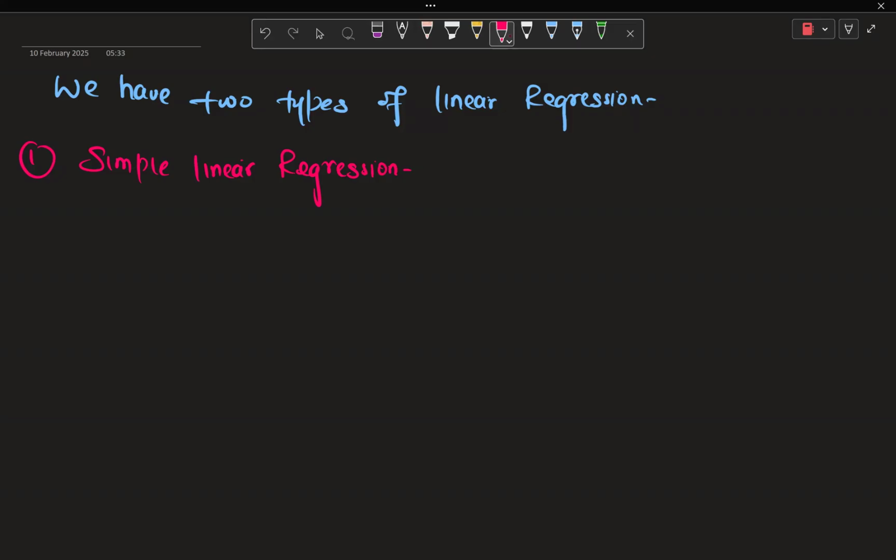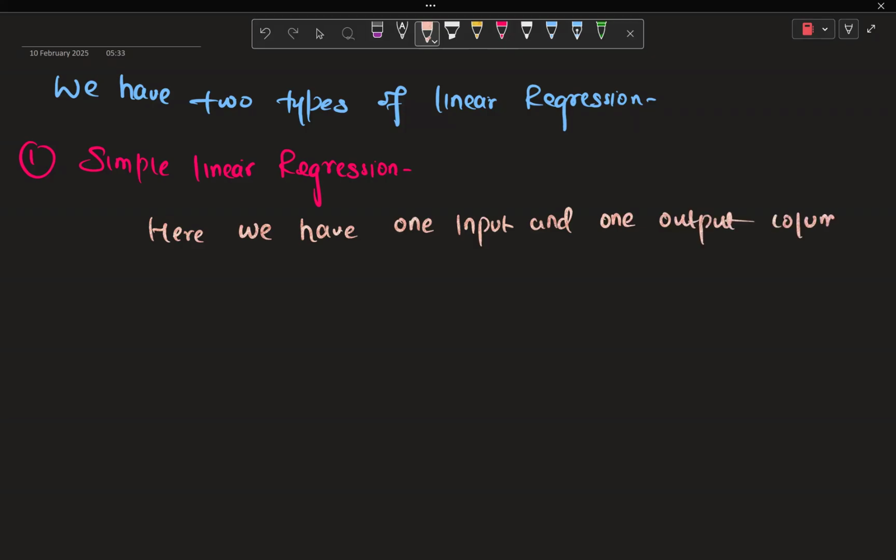What is the meaning of simple linear regression? Here we have one input and one output column. Okay, if you have only one input and only one output, that is called what? Simple linear regression.